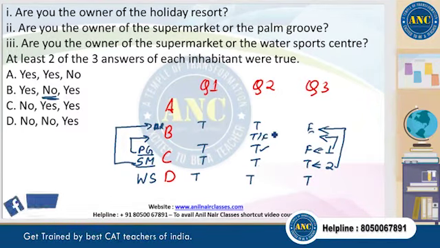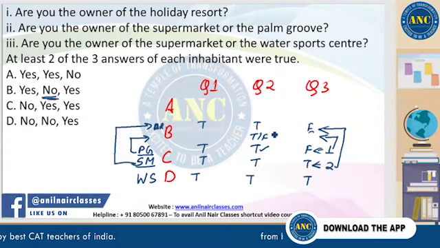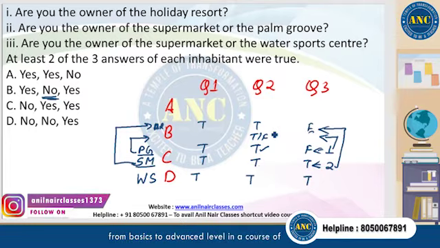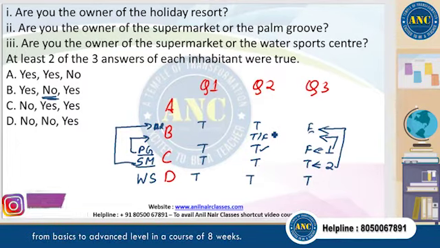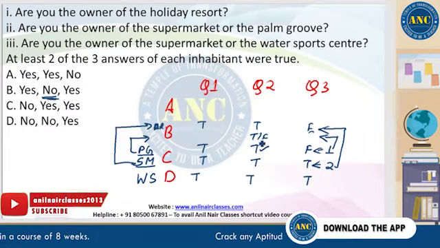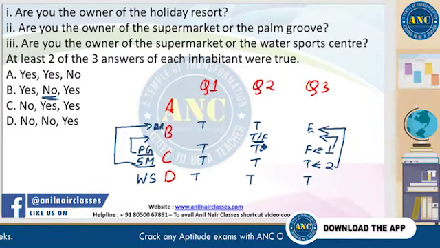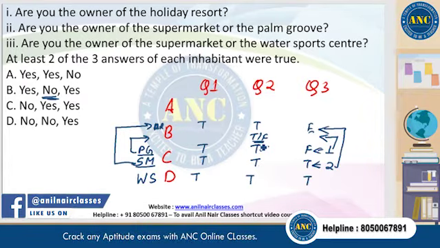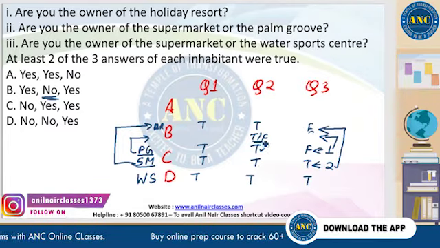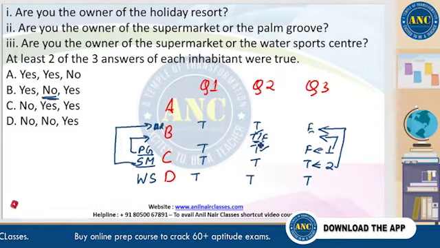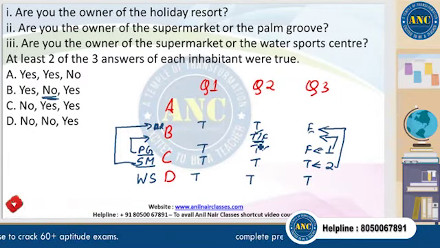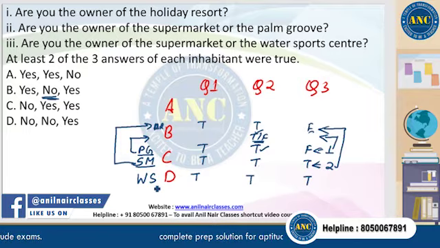Now that could be true and that could be false, but we all understand there should be only one false here. Assuming he says the second statement is no, and that is true, that means they're neither the owner of the supermarket nor the owner of the palm grove. In case that is true, supermarket is gone, palm grove is gone, and the water sports center is taken by D.